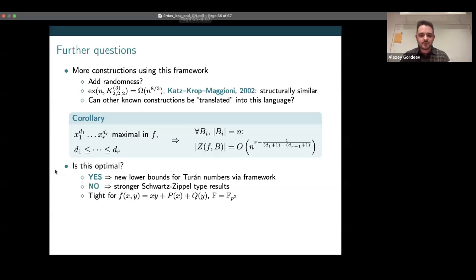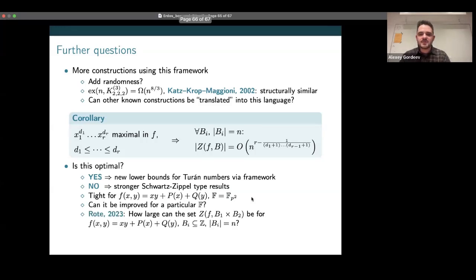What we know so far is that my construction shows that this corollary is tight for r equals 2, when you consider polynomials with xy as the maximal monomial, and your field is F_p squared or contains F_p squared. Another question you can ask is, can you get a better bound if your field is restricted?